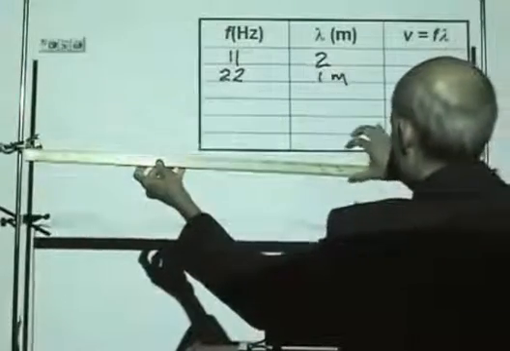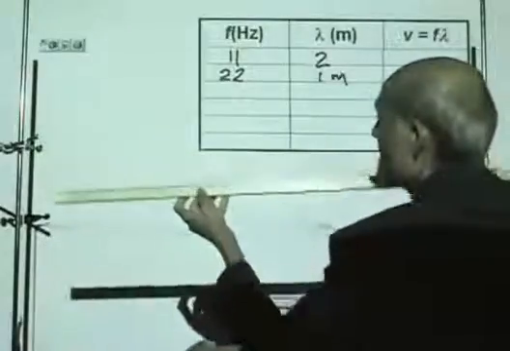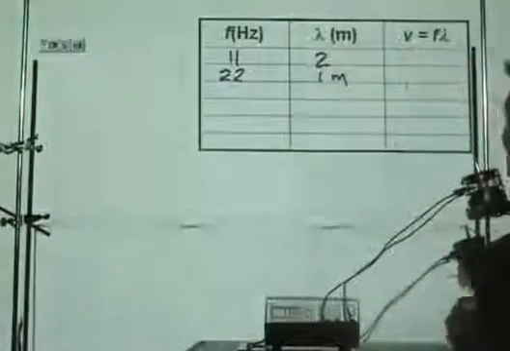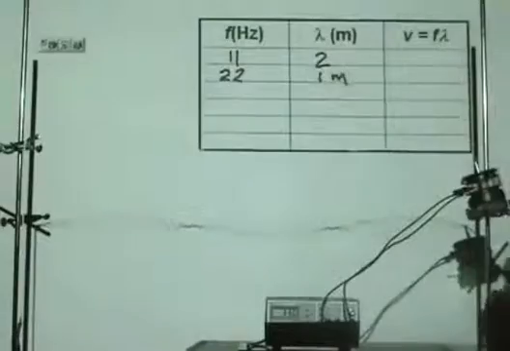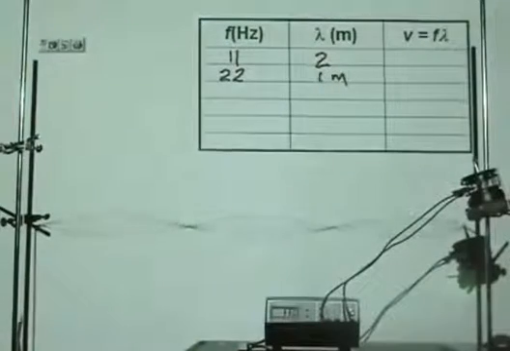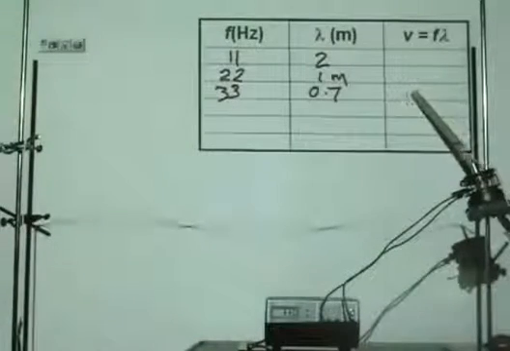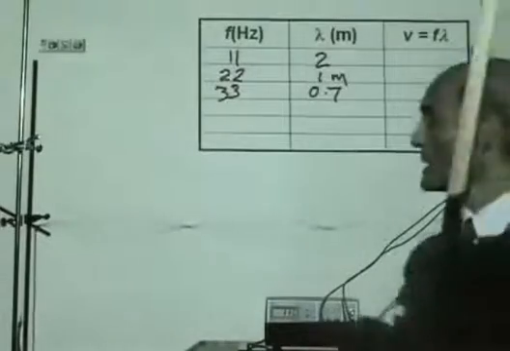From here to here, I've got that length as 70 centimeter. I must write it in meters. Now 70 centimeter is how many meters? It is 0.7. Alright, so the frequency is 33 Hertz and the wavelength is 0.7 meter, and I want you to calculate the wave speed.